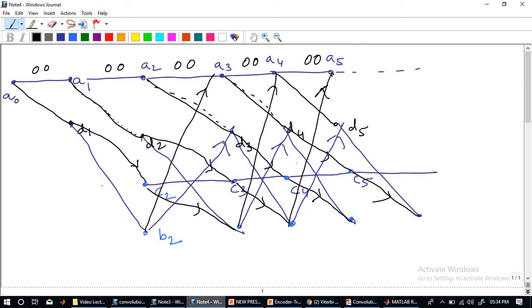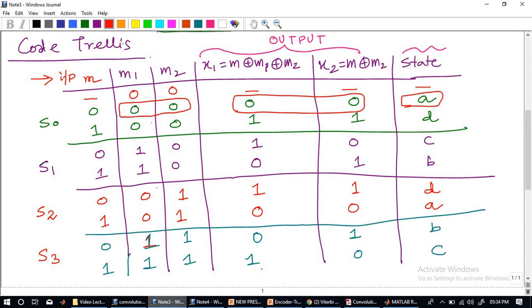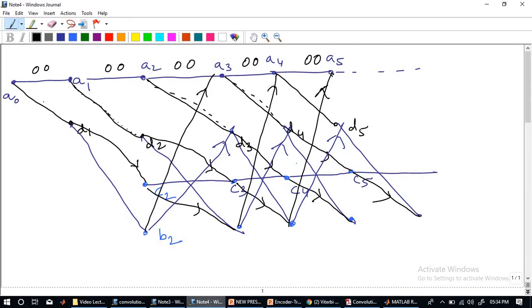Okay. Next, suppose I am at A, and my new state becomes D. The corresponding output that we are observing is 1, 1. So wherever we are observing A to D, it should be 1, 1, like this.